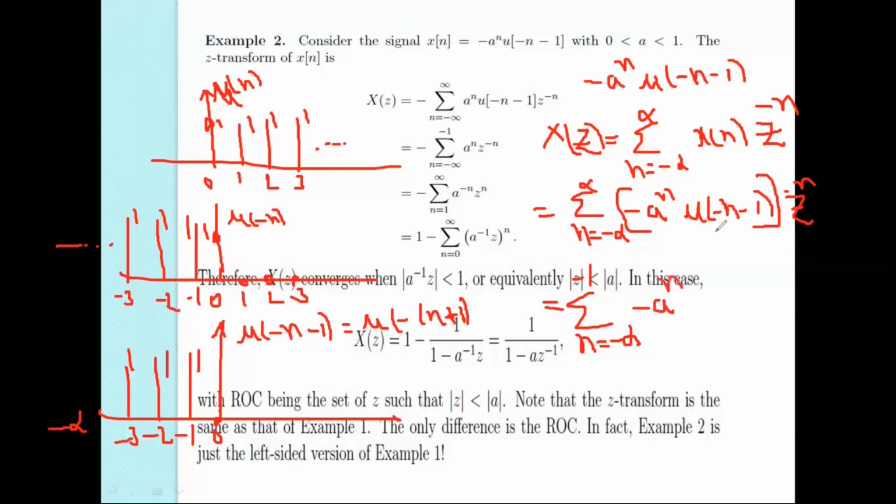Minus a power n, and this value is 1 after changing these limits, z power minus n. Now I am changing the sum. The minus is already there, and n from 1 to infinity, or infinity to 1, are both the same, so minus 1 to minus infinity of a z power minus 1, whole power n.